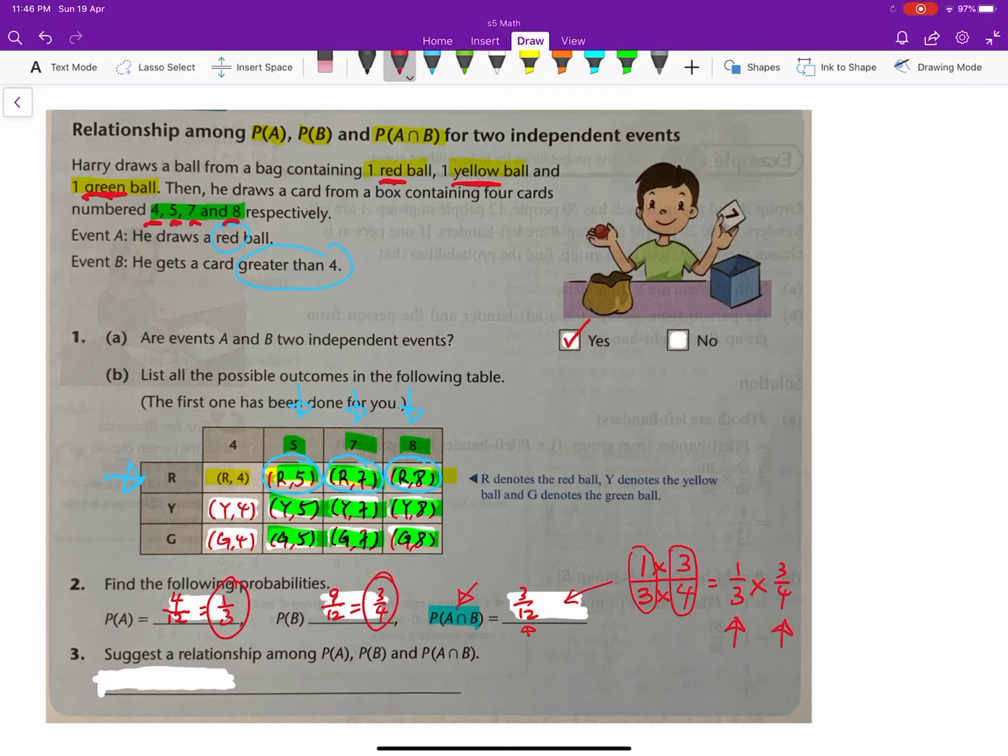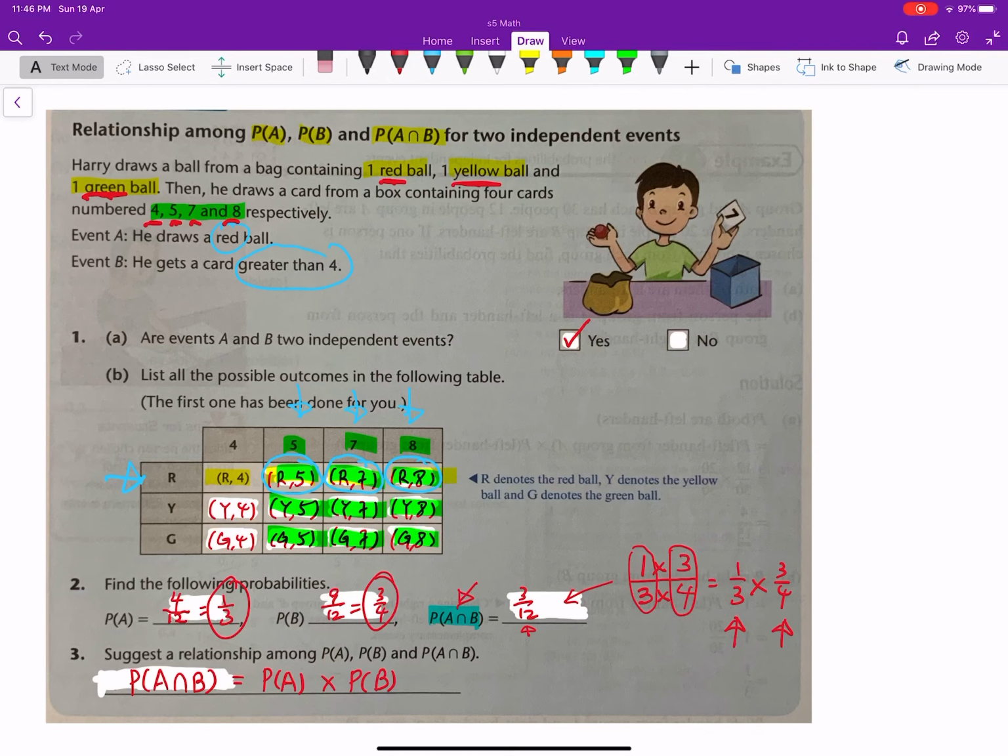That means here, in question 3, we can suggest a relation between P(A and B). It will equal P(A) times P(B). So here we get the multiplication law for probability, as well as, in the last session, the addition law for probability.